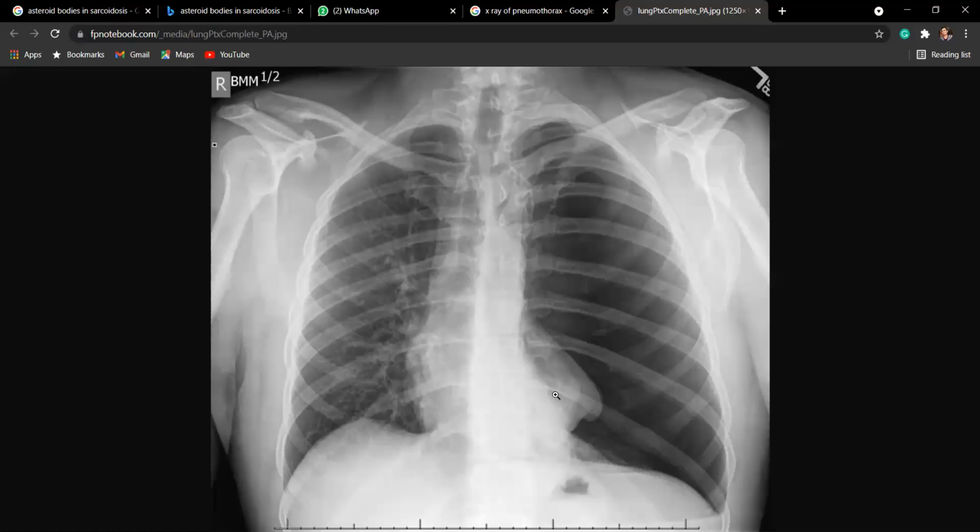How would we know that this is a collapsed lung or something else? Your voice is breaking actually. Repeat it again, please. So you're asking how can you be sure that this is lung and not any other tissue, right? Yeah, exactly.